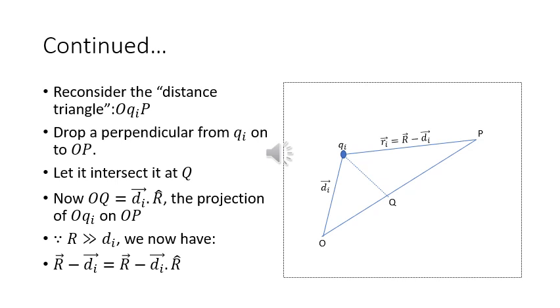Let it intersect at Q. Now, OQ is simply equal to di dot r̂. It represents the projection of OQi onto OP. Now, since r is very much larger than di, we can write r minus di equal to r minus di dot r̂.